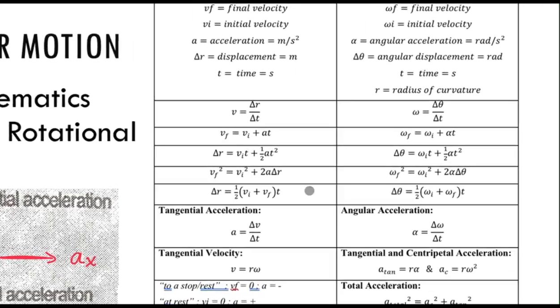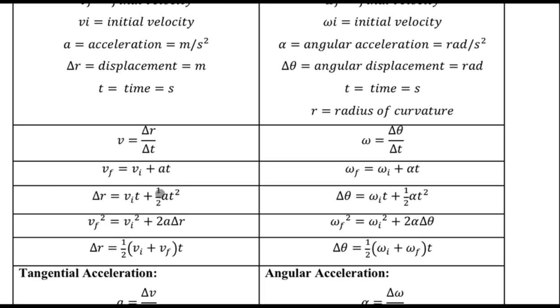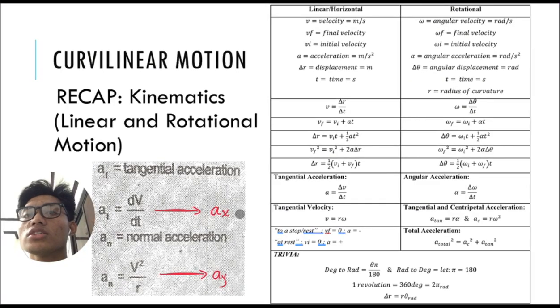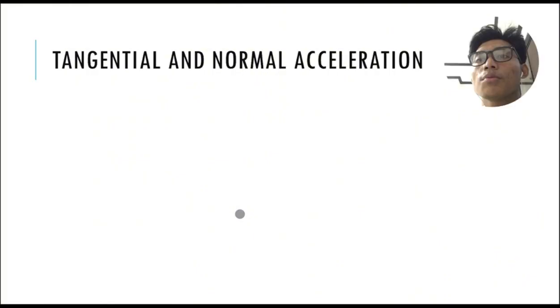Actually, itong mato, pwede siyang R, pwede rin siyang S. It's up to us kung paano natin siya gagawin. Pero pwede namang i-S. Kasi magkakaroon tayo ng comparison between rectilinear and rotational.